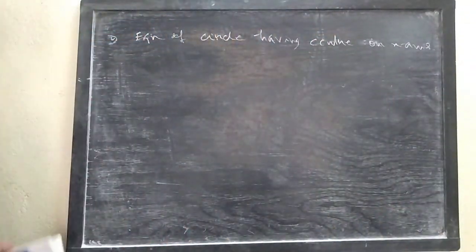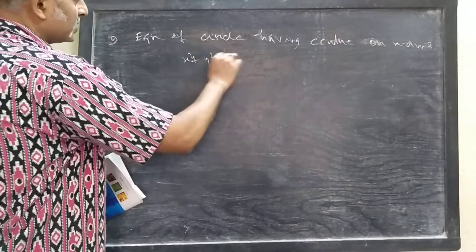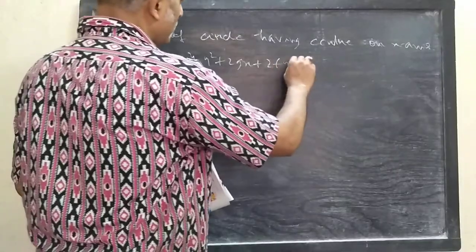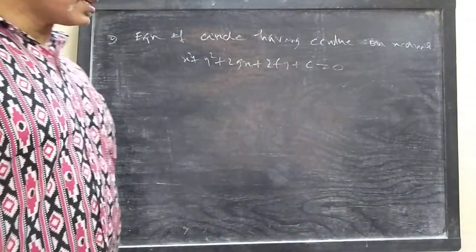Again, start from the general equation. We have the equation x square plus y square plus 2gx plus 2fy plus c equals 0, representing any circle lying on the xy plane.